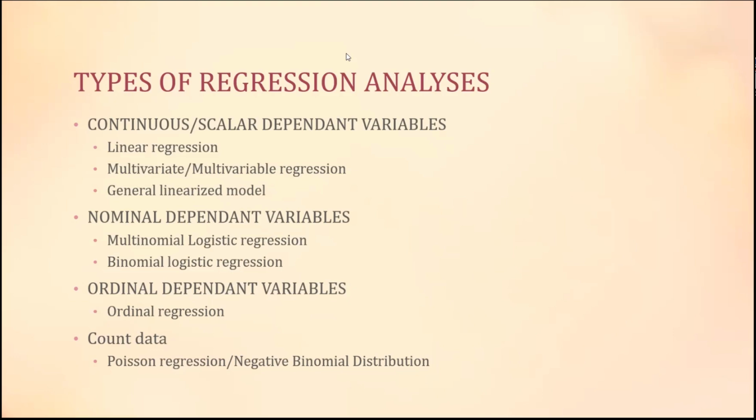For nominal dependent variables, you would either use the binomial logistic regression or the multinomial logistic regression. Binomial logistic regression means your dependent variable takes on exactly two values, such as true, false responses, yes, no responses, and so forth.